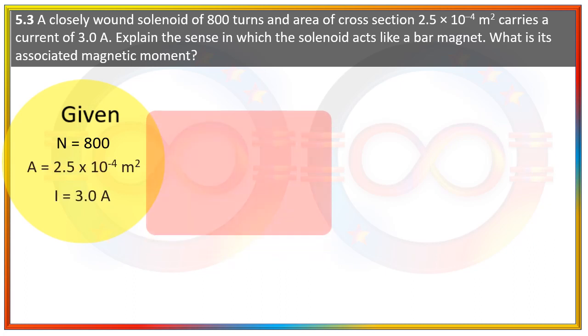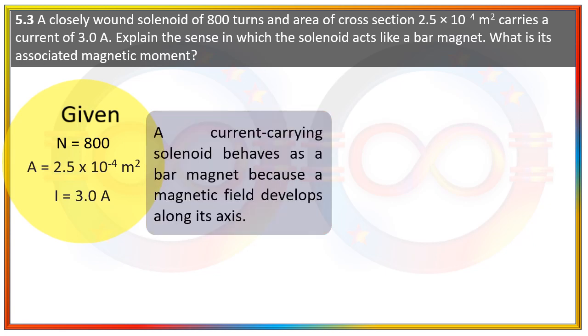First, the condition is being asked, explain the sense in which the solenoid acts like a bar magnet. We know that whenever there is a current through a solenoid, magnetic field lines would be linked with the solenoid, outside from north to south, inside from south to north. And because of these magnetic field lines developing along its axis, it behaves as a bar magnet.